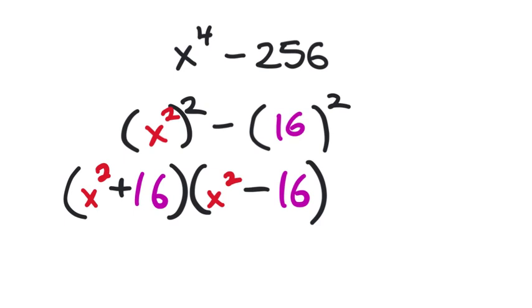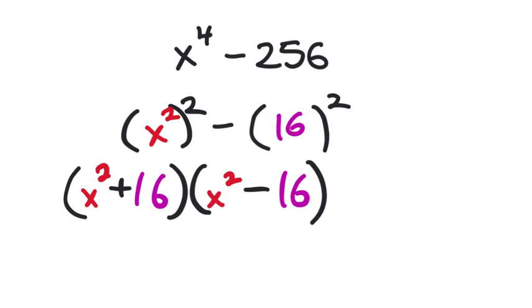Now the problem with this one is that you now have a binomial here, which is a sum of squares, not difference of squares. There we go. Had to look it up. So I'm not looking to mess with this first factor right here.